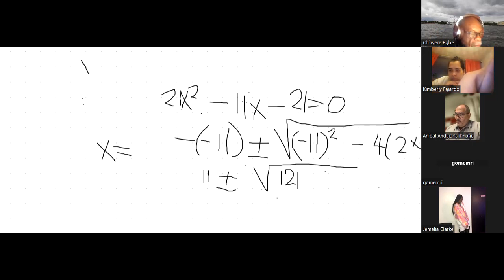Can you do that on your calculator? What is 4 times minus 42? 168. Okay, so minus 4 times minus 42 is 168. So that's a positive number. Plus 168.